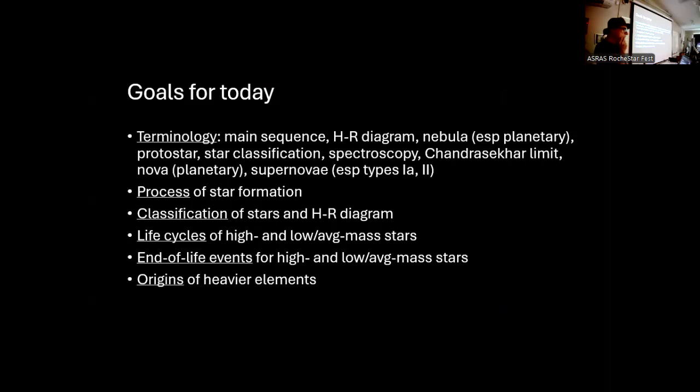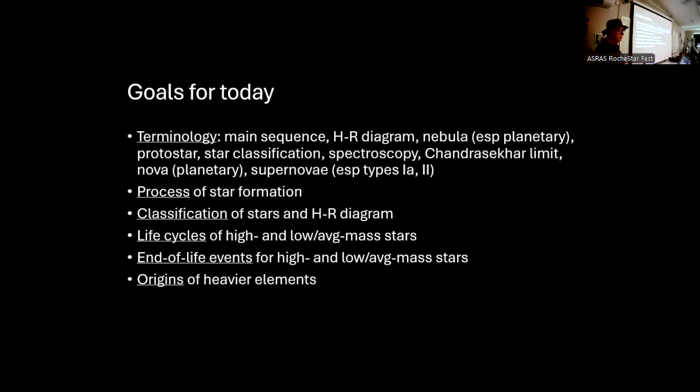What I would like to do with the talk is talk over terms that you may hear bandied about all the time, but may not be totally sure what they mean, and take a little bit of a deeper dive into some terms. The main sequence, HR diagram, nebulas, planetary nebulas, protostars, all of those we're going to look at to some greater degree.